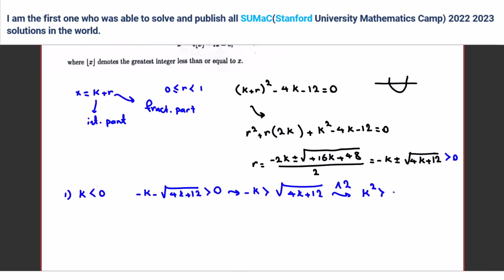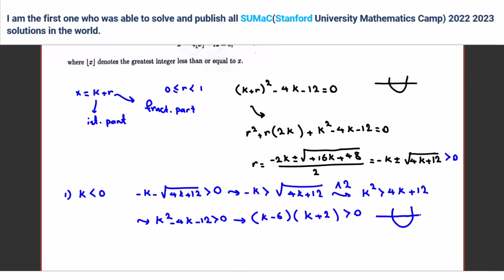Yeah. So k squared minus 4k minus 12 is positive. So we can factorize like what? k minus 6, k plus 2. It's positive. The roots are what? 6 and negative 2. So it should be outside of the roots, right?